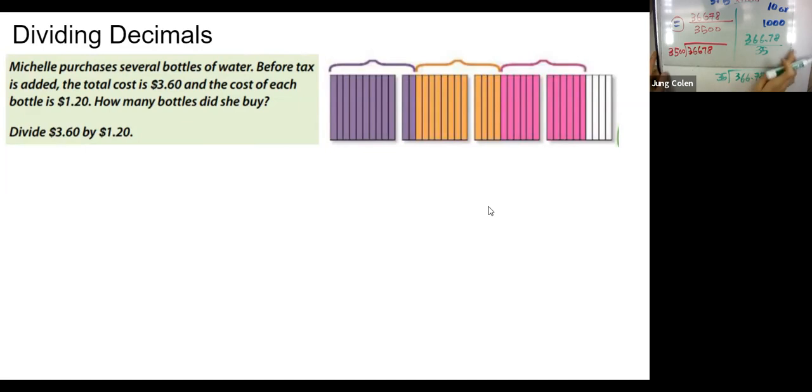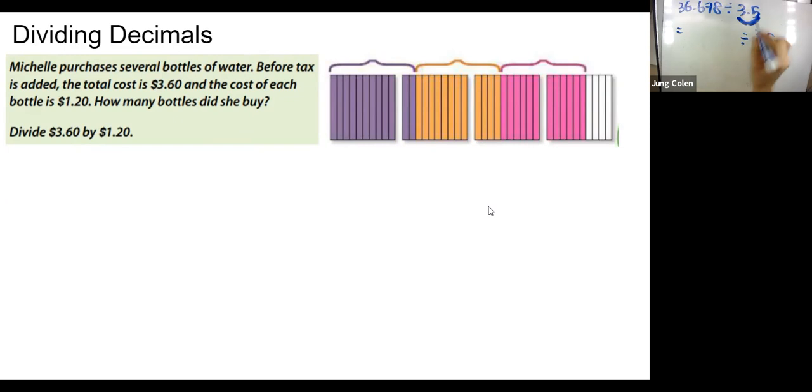So what I'm saying here is, if you change only the divisor to the whole number, it gets so much easier. So writing this back here, 366.78 divided by 3.5 can be easily solved by changing the divisor to the whole number.